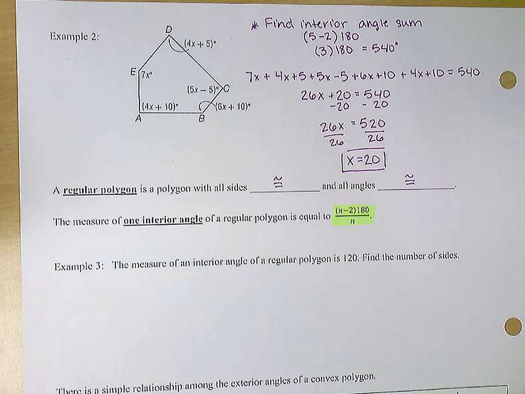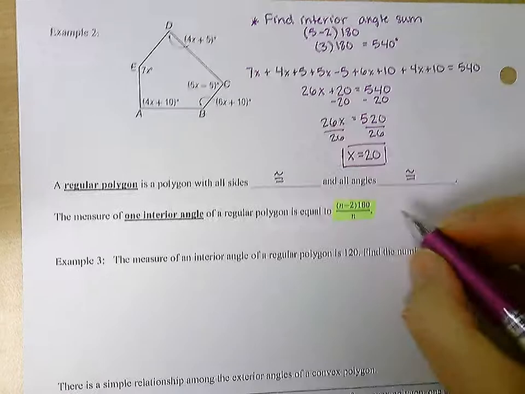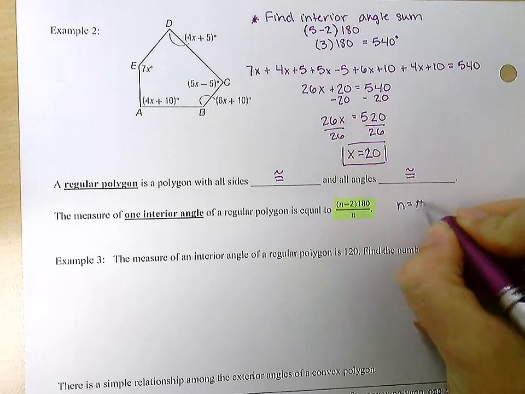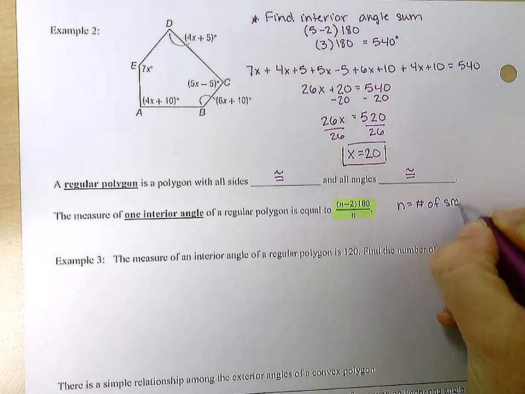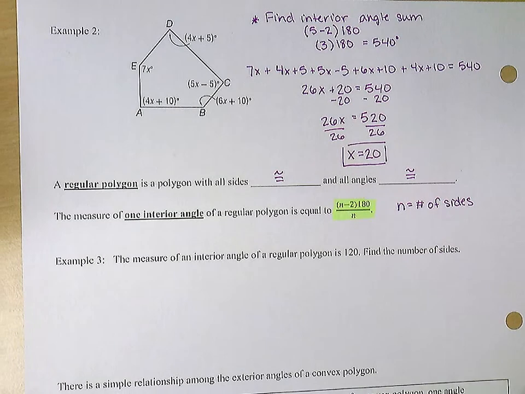On the front, that was the sum of the interior angles. This is one interior angle, where again, n is still equal to your number of sides.